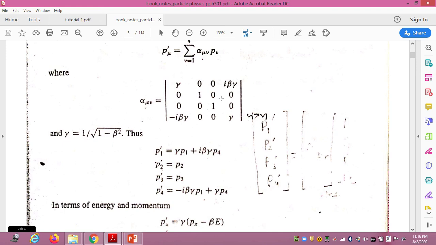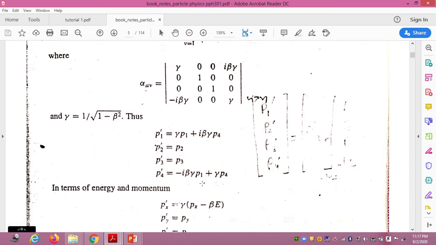Okay. So if you open this term, you are going to get all the terms separately. So P1 prime is this, P2 prime is this. Simply put this part here and open it. So this is a column matrix. This P nu is again a column matrix, and this will be a 4 cross 4 matrix. So when you open it, you are going to get these 4 terms.